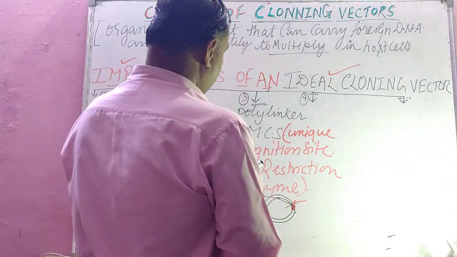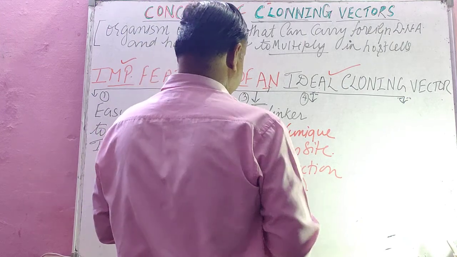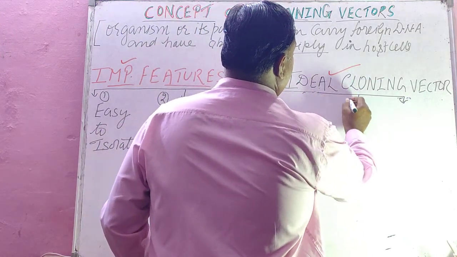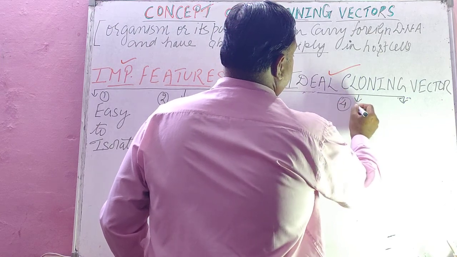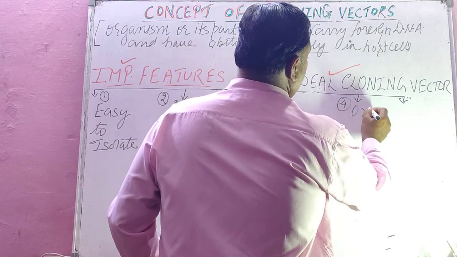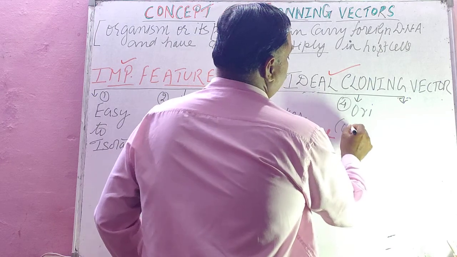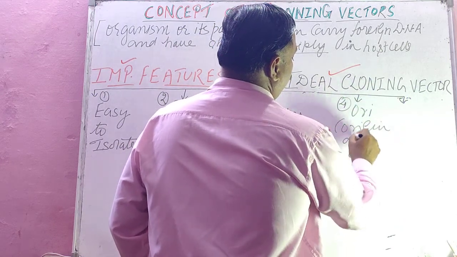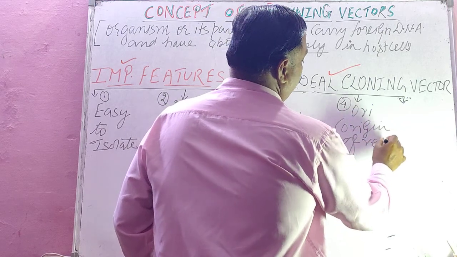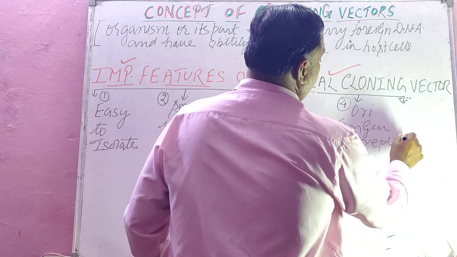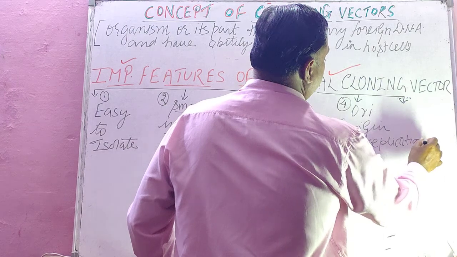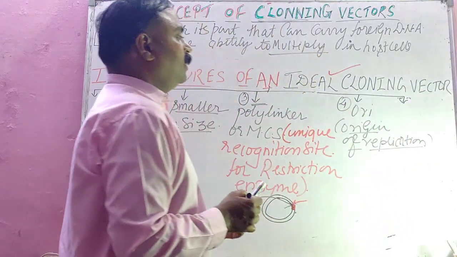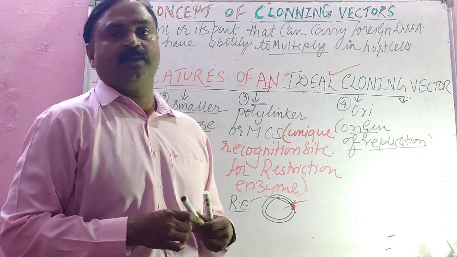Then student, next one is number 4. It should have origin of replication, ORI. Student, origin of replication is that point where the multiplication of DNA starts.